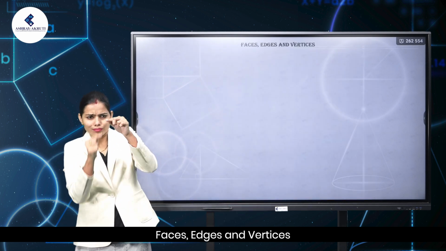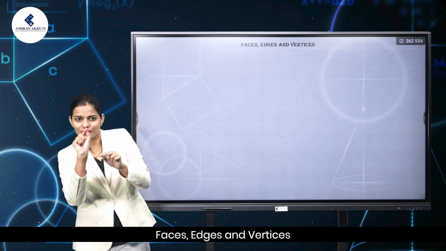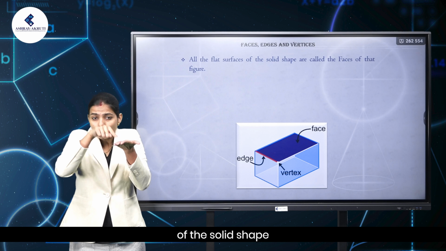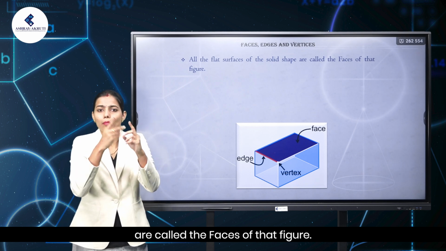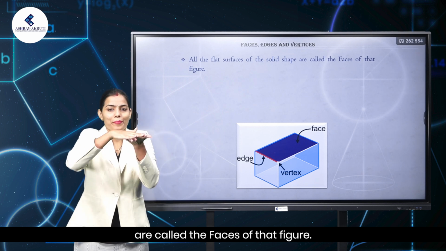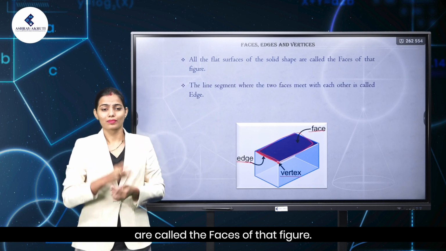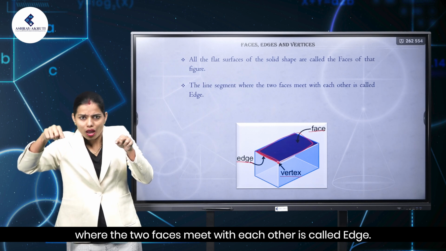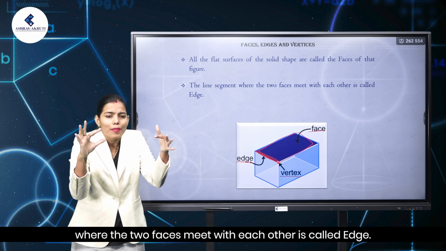Faces, edges and vertices. All the flat surfaces of the solid shape are called the faces of that figure. The line segment where two faces meet with each other is called an edge.